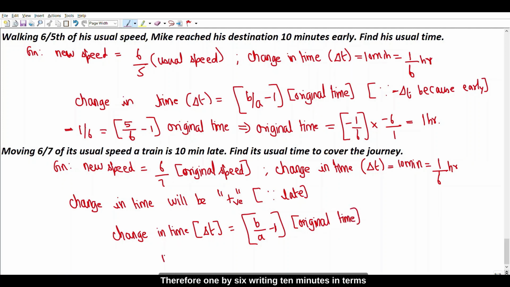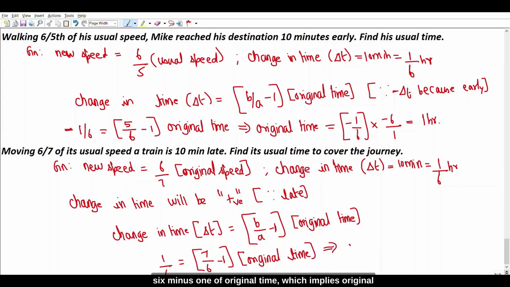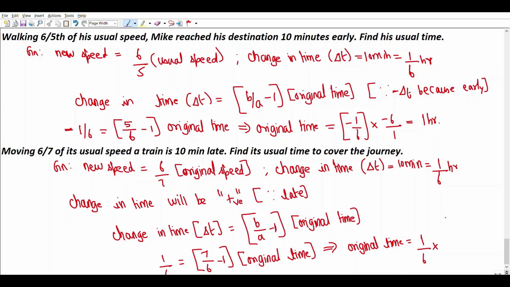Therefore, writing 10 minutes in terms of hours, 1 by 6 is equal to 7 by 6 minus 1 of original time, which implies original time is equal to 1 by 6 multiplied by 6 by 1, which is equal to 1 hour.